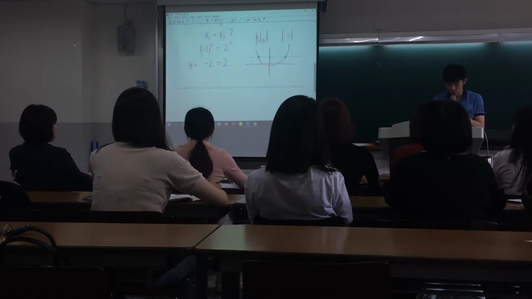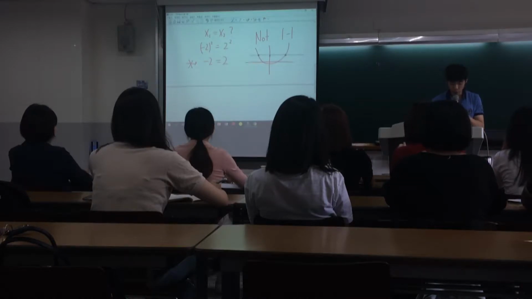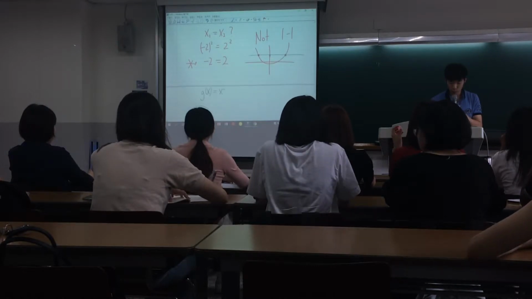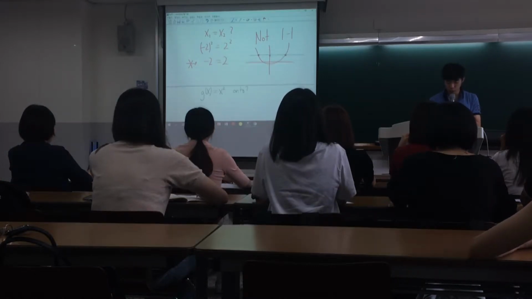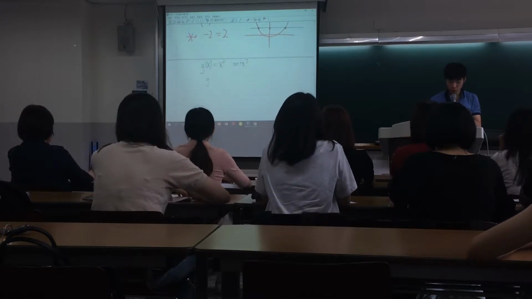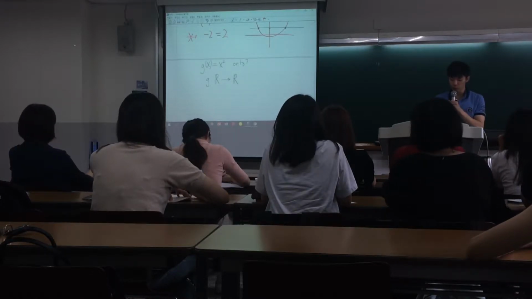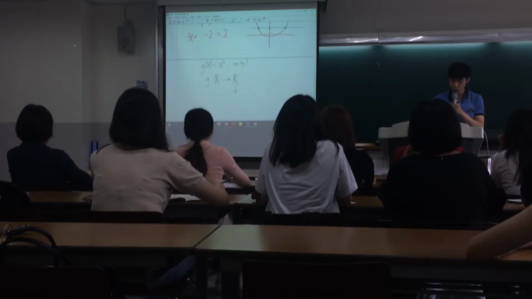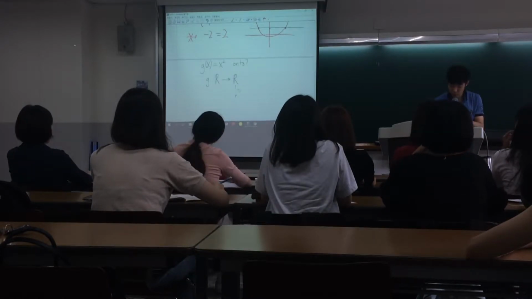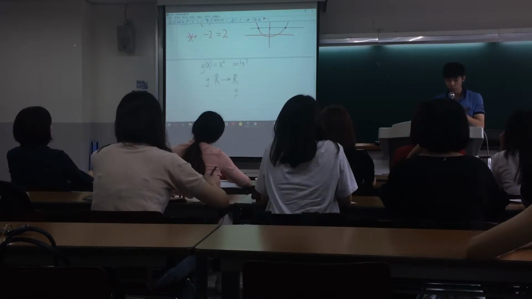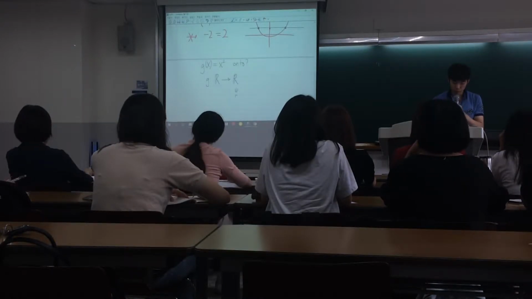So it's not one-to-one. Let's talk about onto. Is g of x, which was x squared, onto? What does onto mean? Say g is going from R to R. Then we know that it's onto if for any r we choose, I'll choose r as an element of the reals, there is some s that maps onto r.